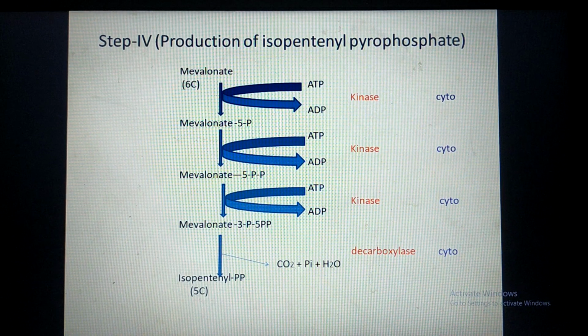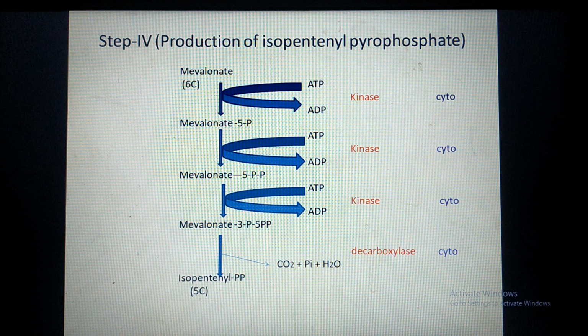Now step 4 is production of isopentenyl pyrophosphate. In this step, 6 carbon mevalonate undergoes decarboxylation to form 5 carbon isopentenyl pyrophosphate. Before that, this mevalonate undergoes 3 successive phosphorylations by adding 3 high energy phosphate bonds from ATP to form mevalonate 5 phosphate, mevalonate 5 pyrophosphate and mevalonate 3 phospho 5 pyrophosphate.